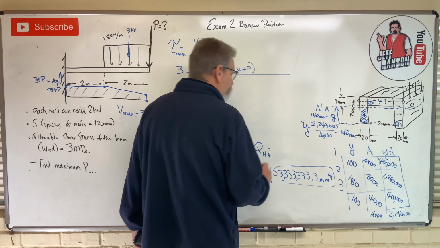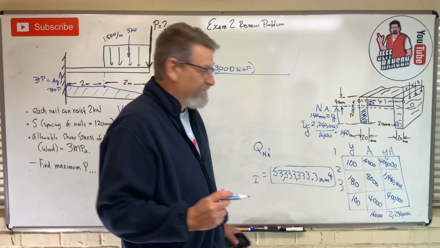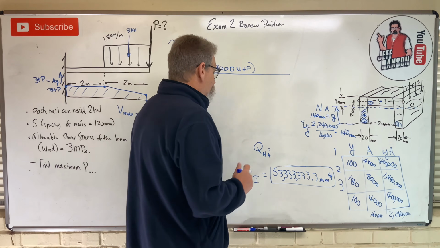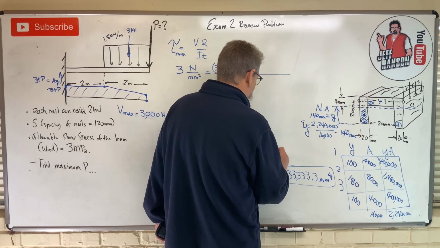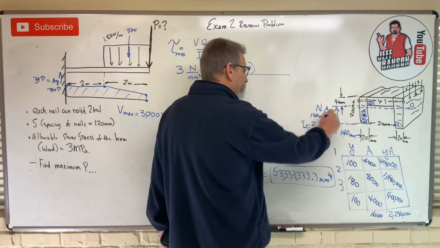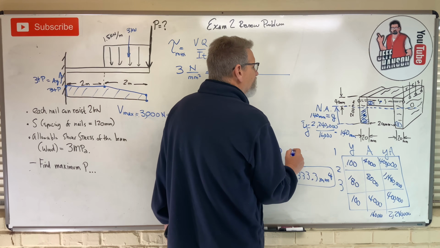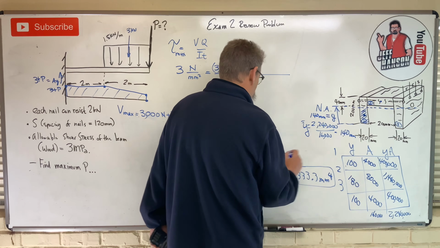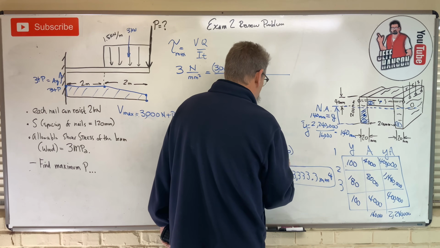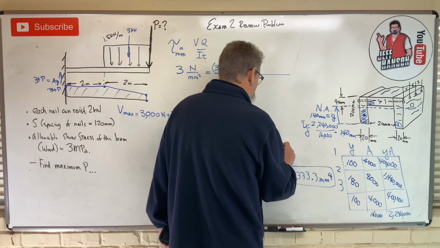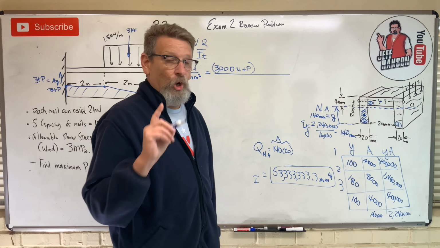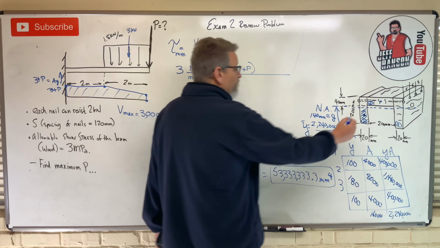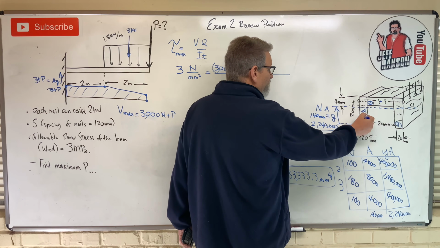So here I go, Q about the neutral axis, or I could put Q max if I wanted to, is this. Q is area, and the area of that is what? It's 140, that's where the neutral axis is, times 20. That's the area right there, and it's the area times y bar of that area. So from the neutral axis to there is how far?